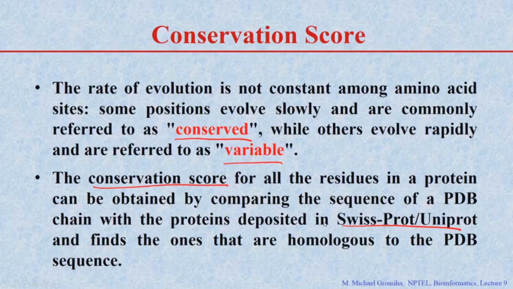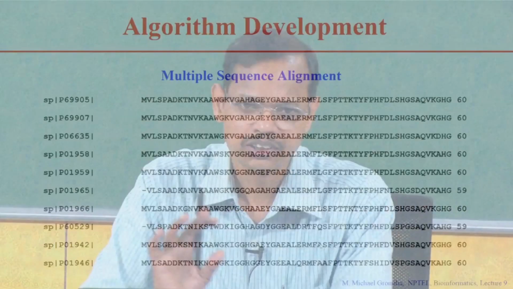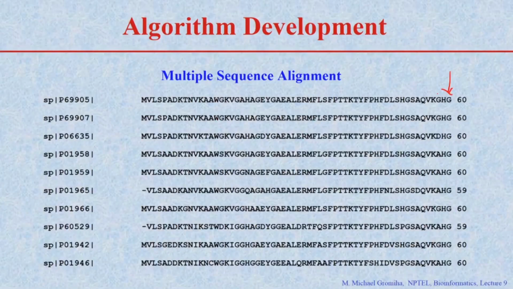Then you can compare the sequences and you will see where you have the variable residues and where you have the conserved residues. So now if you give multiple sequence alignment, for example, if you look at position number 60, is this position conserved or variable?